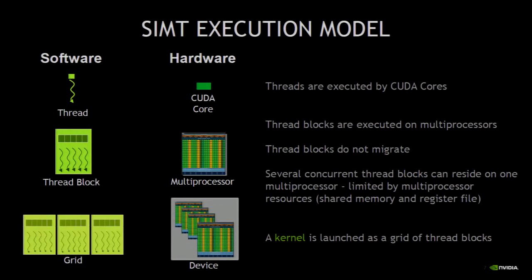Once you assign a block to a multiprocessor, you work on this thread block. To launch a function on a GPU, and we call these parallel functions kernels, you need to specify a grid. You launch the whole grid, put it on the device, and then launch this kernel. So this is how the software architecture maps to the GPU architecture.